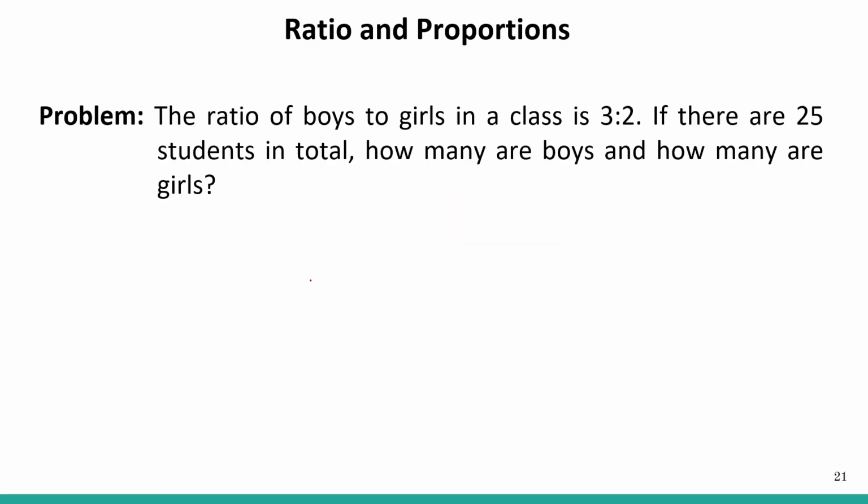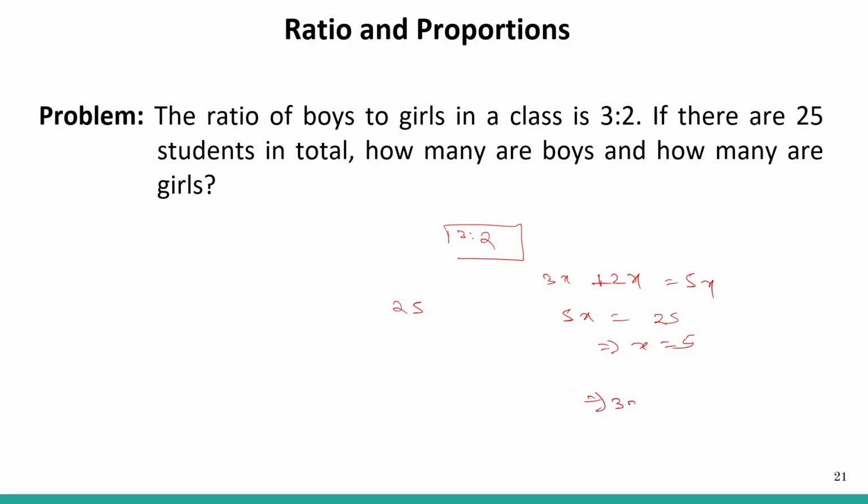Problem number 1: the ratio of boys to girls in a class is 3:2. If there are 25 students in total, how many boys and how many girls are there? Let boys be 3x and girls be 2x. The whole will be 5x, as 3x plus 2x is equal to 5x. So 5x is equal to 25, which implies that x is equal to 5.